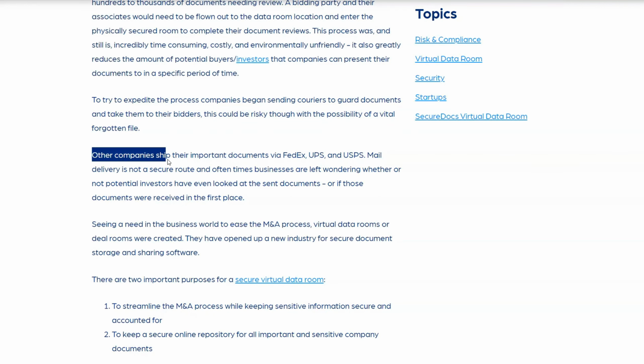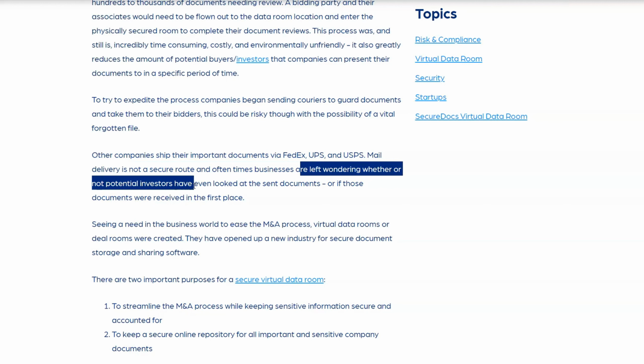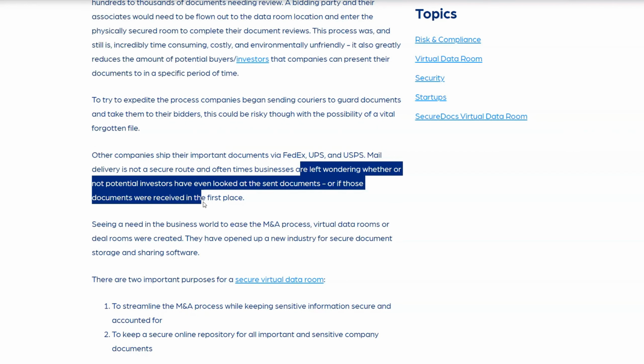Other companies ship their important documents via FedEx, UPS, and USPS mail. Delivery is not a secure route, and oftentimes a business is left wondering whether or not a potential investor has even looked at the sent documents, or if those documents were received in the first place.